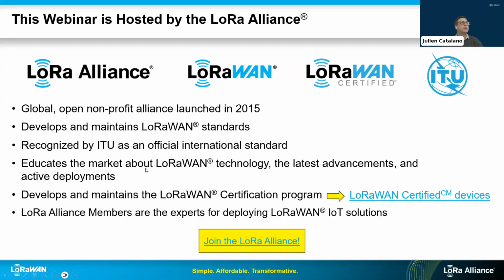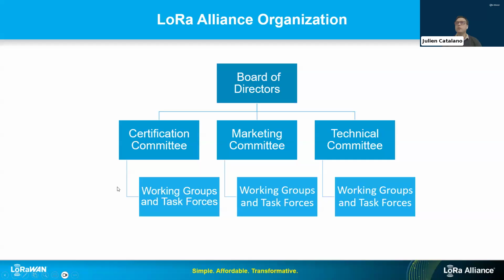Next, I will introduce first how we work in the LoRa Alliance in the committees. The chart is very simple. We have a board of directors heading the work, and we are divided in three main committees. One is the certification committee, which I touched on with the certification program.